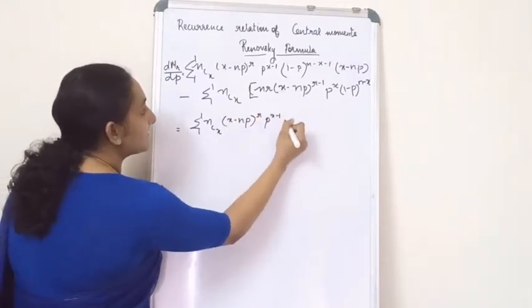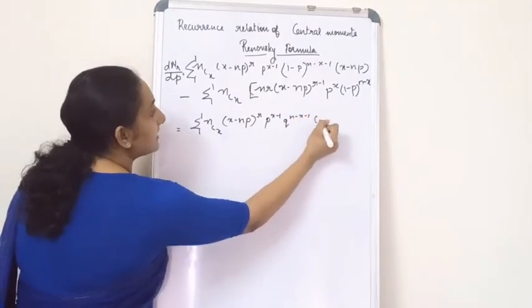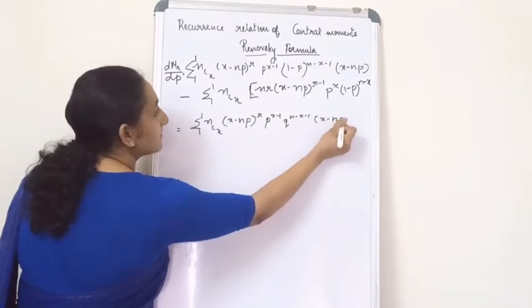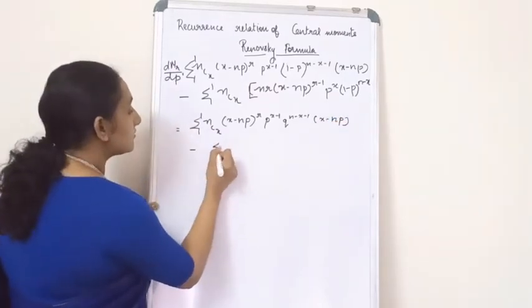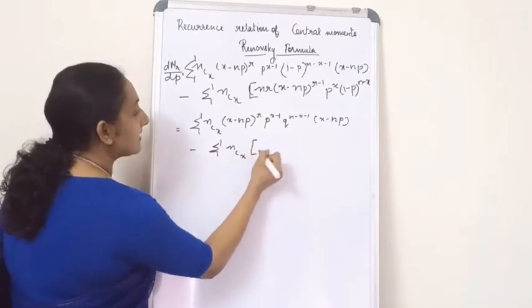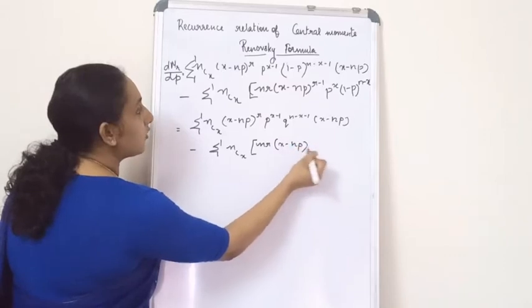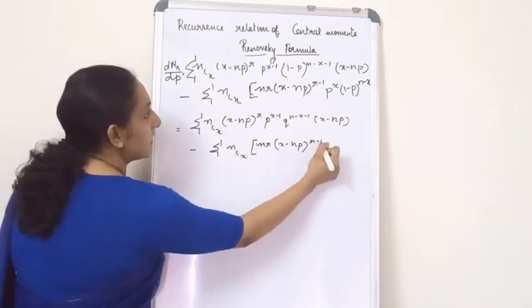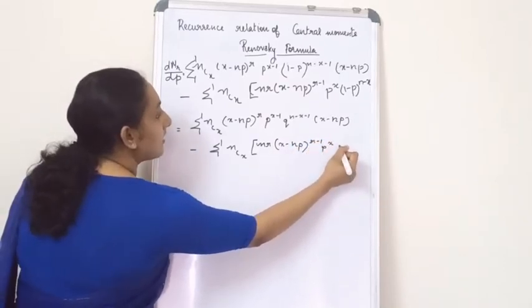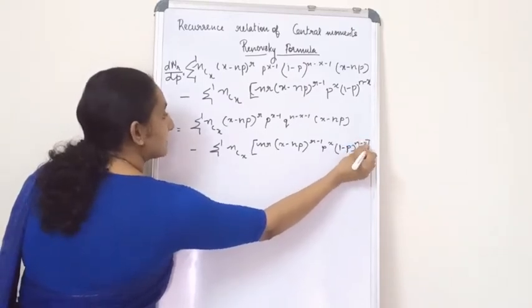Instead of 1 minus p, I can write q raised to n minus x minus 1, and (x minus np). Then minus, you don't have to do anything for the second term. It is summation nCx r (x minus np) the whole raised to r minus 1, p raised to x, (1 minus p) the whole raised to n minus x.